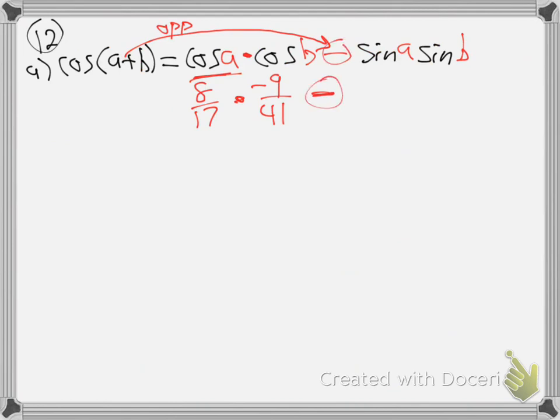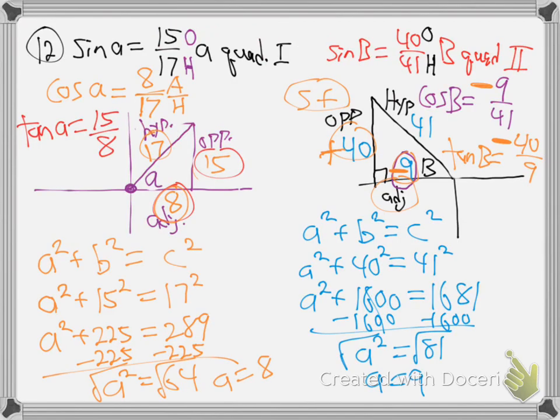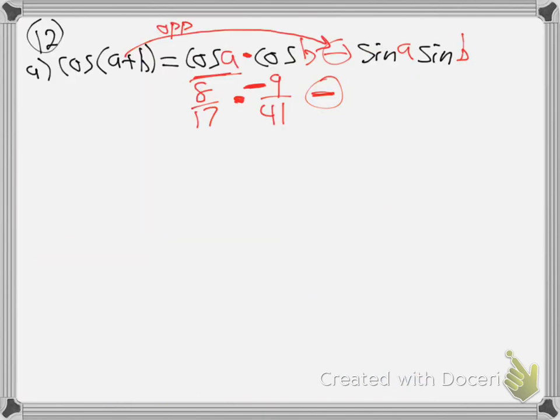That's in addition to any items that are negative themselves. Be real careful with signs. Most people do a great job on this, and they just mess up one little sign somewhere. So be real careful with your signs. Make them big. Be real clear which ones are there. Sine of A, 15 over 17. Times the sine of B, which is 40 over 41.